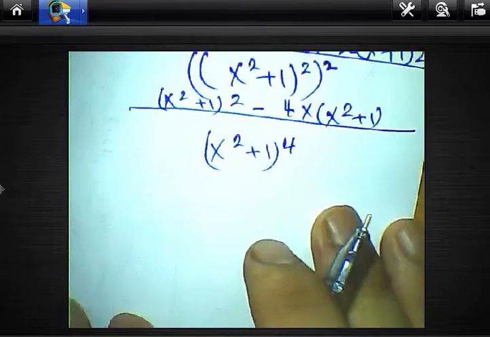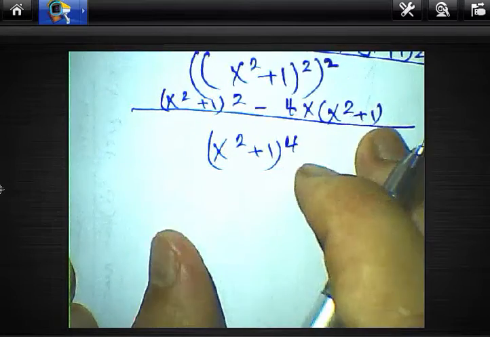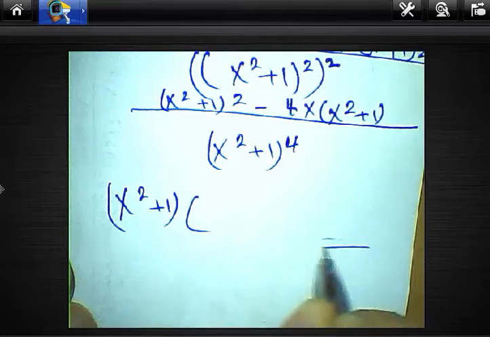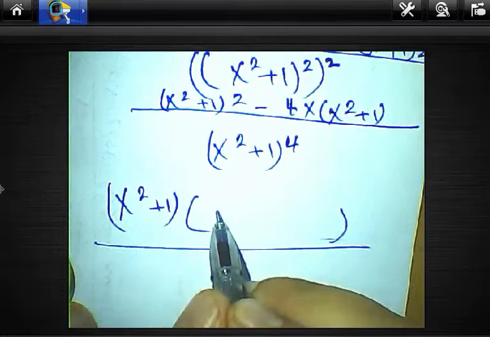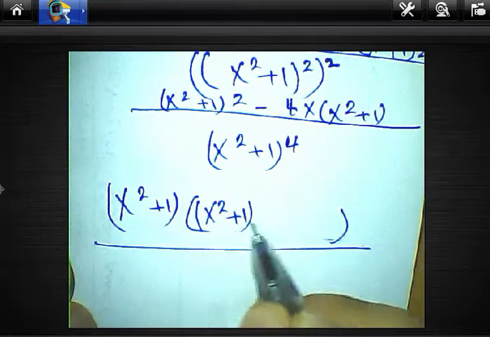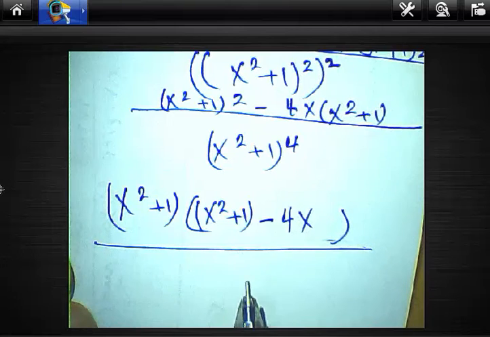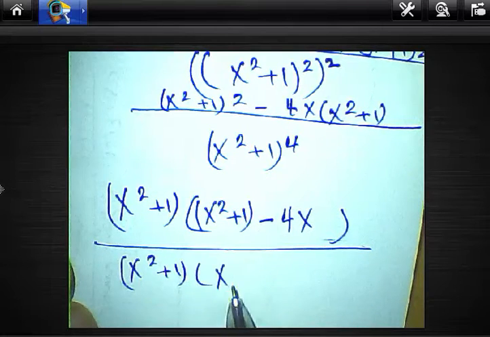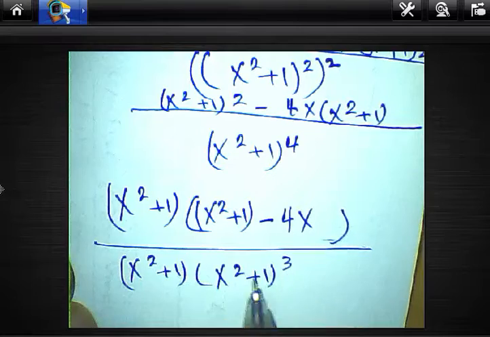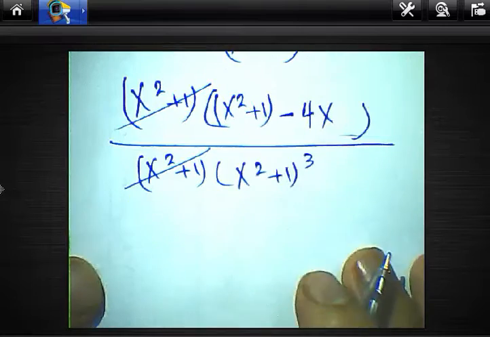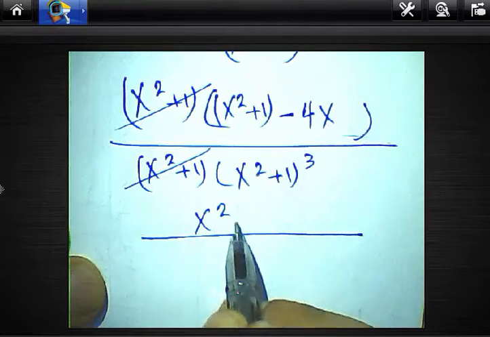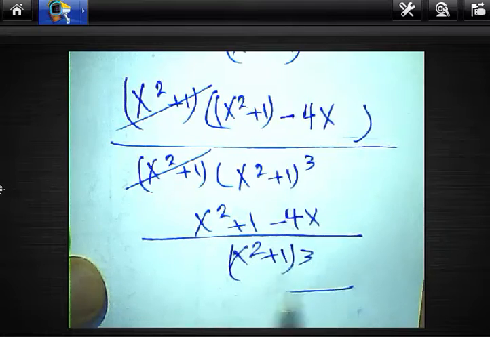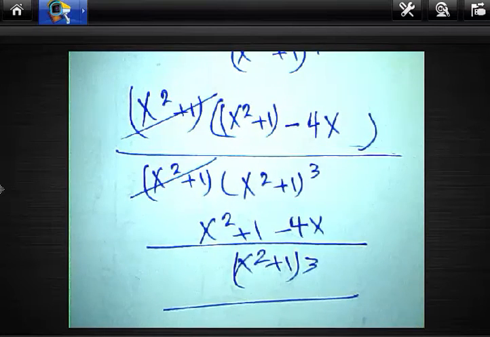We can simplify it, right? x power 2 plus 1 outside is the common factor between the two terms, and the result will be x power 2 plus 1 subtract 4x, over x power 2 plus 1 power 3. It's the result for this function.